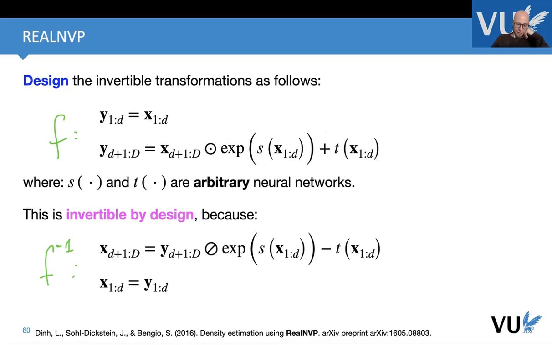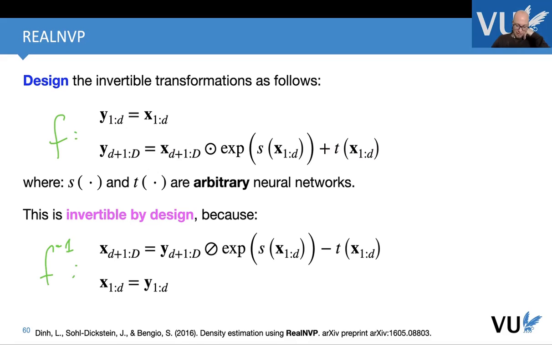Because what it requires from us, we can start from this part or from this part. So to calculate x d plus 1 to d, we just need to subtract t of x 1 to d. And x 1 to d we know, because this is simply reverting the order. So we subtract t, we get minus t, and we just divide. Oops, I see that there is a mistake, of course.